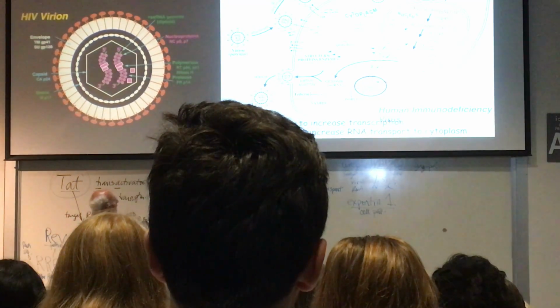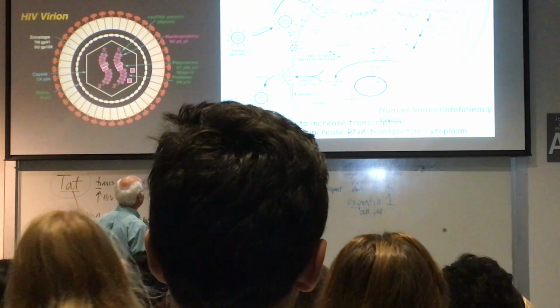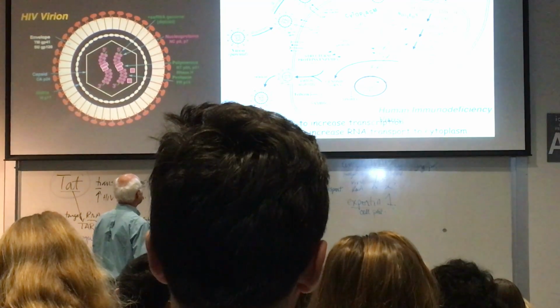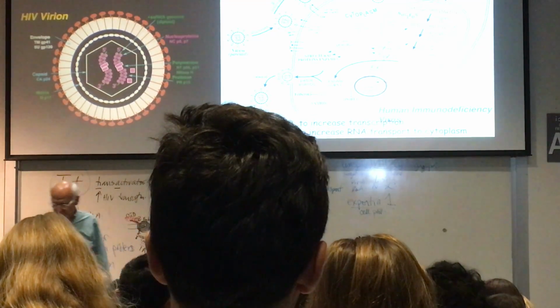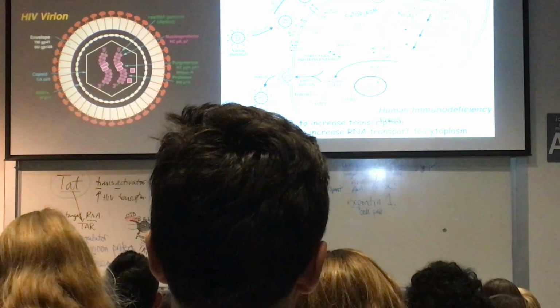Okay, so as a result of that, then we make the structural components, the nucleocapsid components. The envelope proteins are made and inserted into the plasma membrane, conceptually similar to processes that we've seen with other viral glycoproteins.